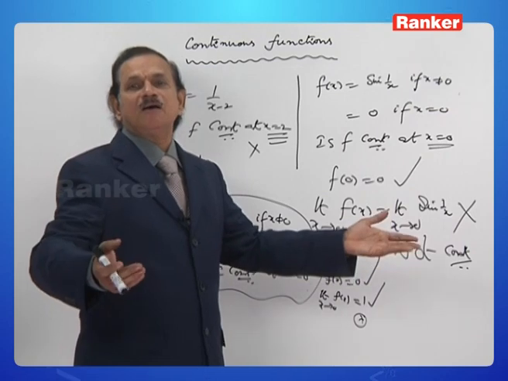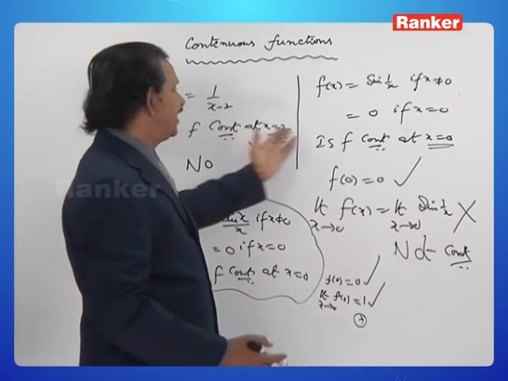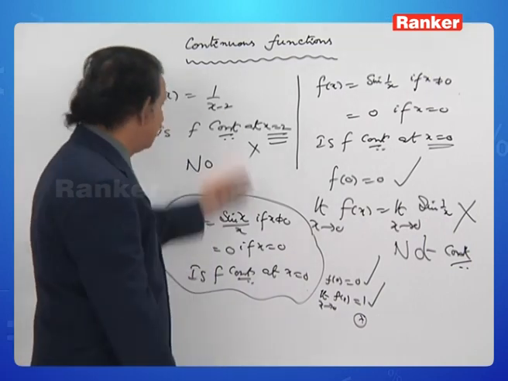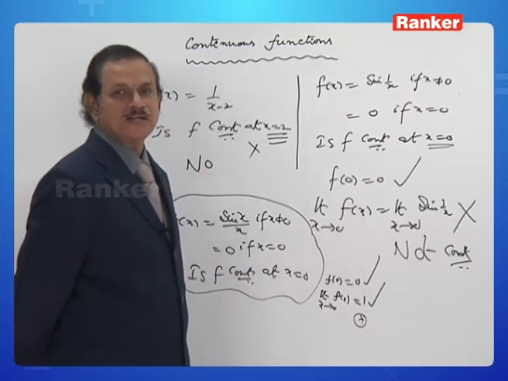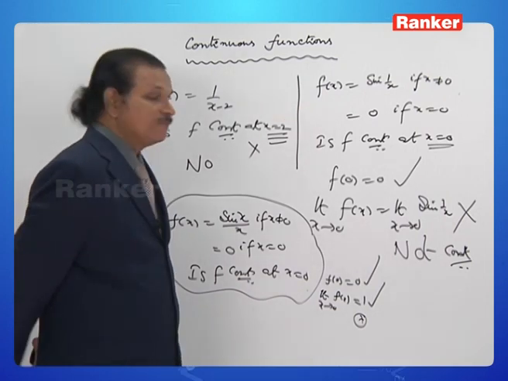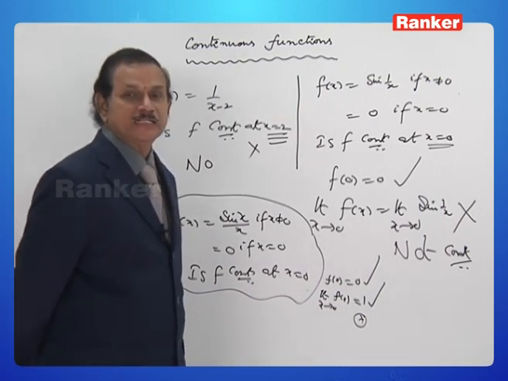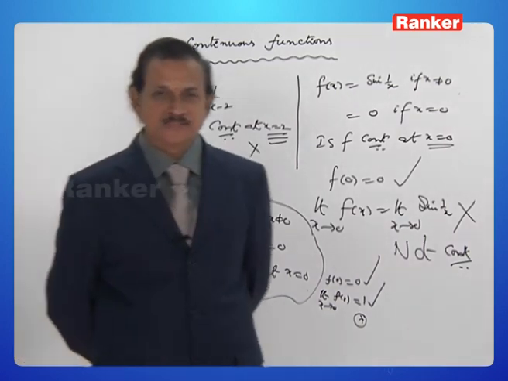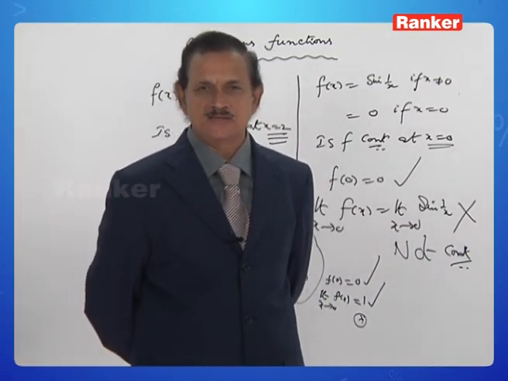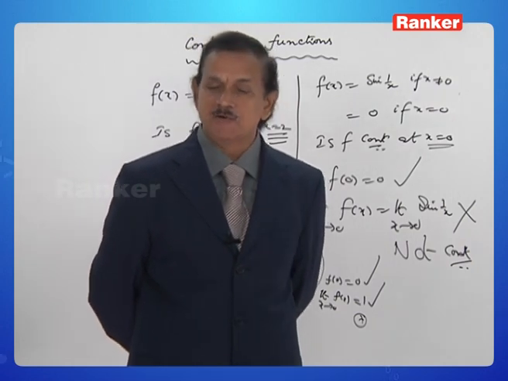All the three examples you can look at a glance on the board. In the first problem, the first condition is not satisfied. That is why it is not continuous. In the second problem, the second condition is not satisfied. The limit as x tends to 0 of sin 1 by x does not exist there.